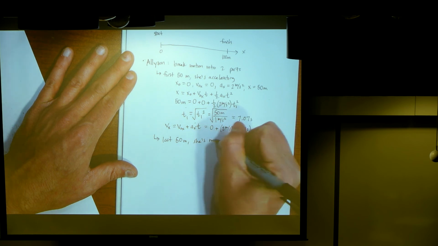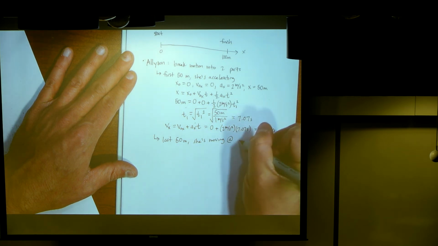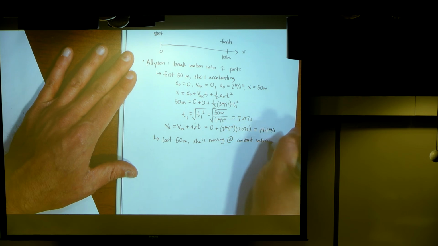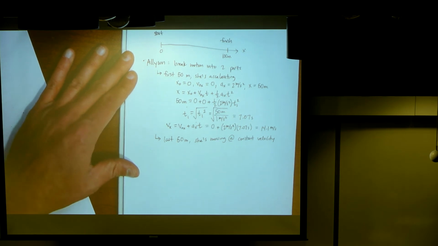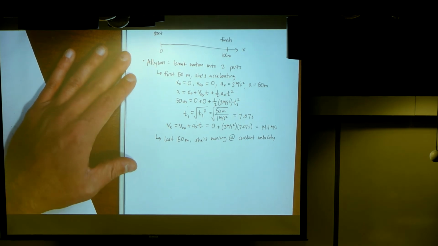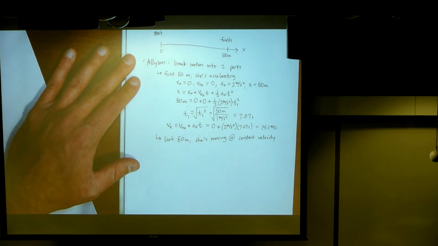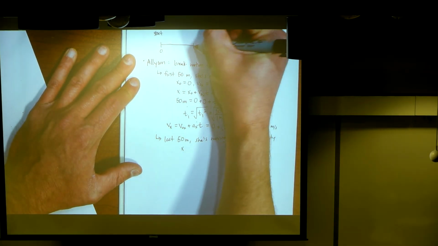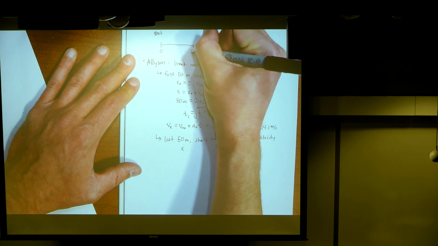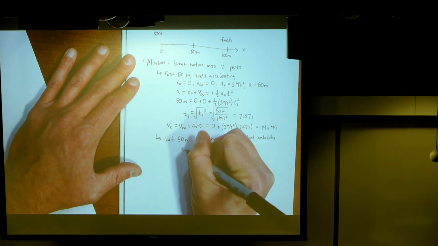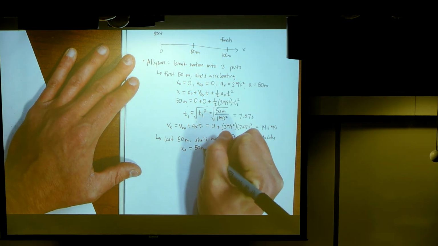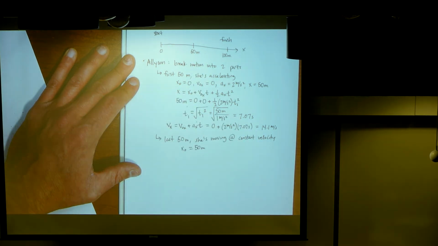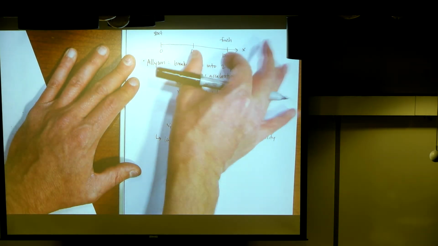She's moving at constant velocity. Okay, that's what's going on here. So I'll do it like this. For the last half of the race, the starting position now is 50 meters, okay? We're starting at the halfway point, if we're looking at this part of the motion right here.